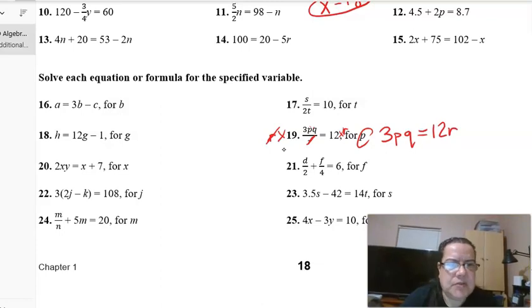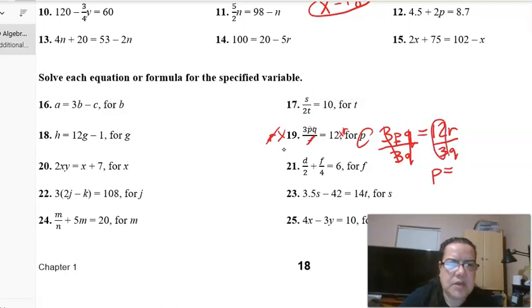So I'm one step closer. I need the p alone, so I need to, since it's multiplied, do the opposite. Divide this side by 3q, divide this side by 3q. Whatever you do to the left, do to the right. Why? This will cancel these, and so I am just left with p is equal to 12r over 3q.